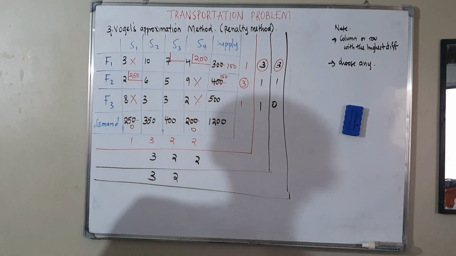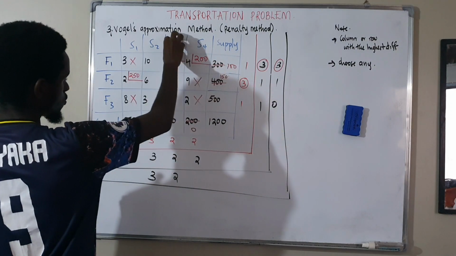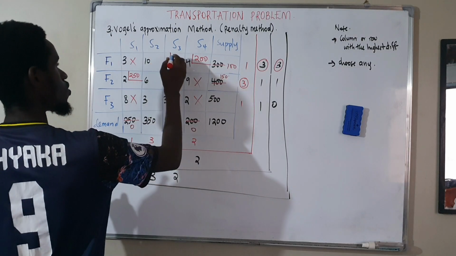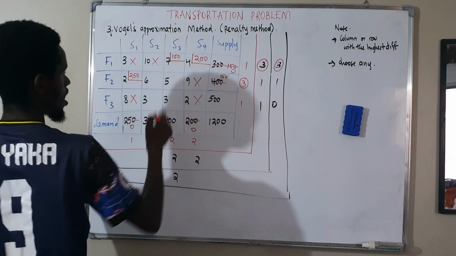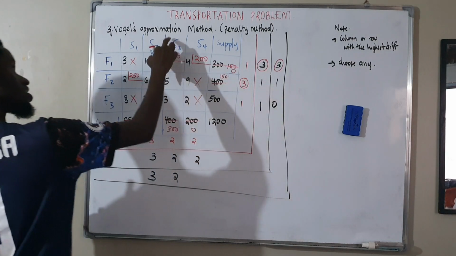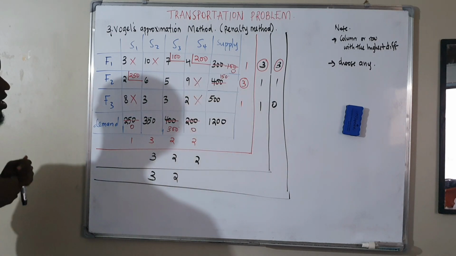Now factory 1 is supplying 100, store 3 is demanding 400. Therefore, I'll supply the 100 I have to here. Then here I'll be left with 0, and then I cancel out this. Then here I'll be left with only 300. Therefore, store 3 will be left with a demand of 300.